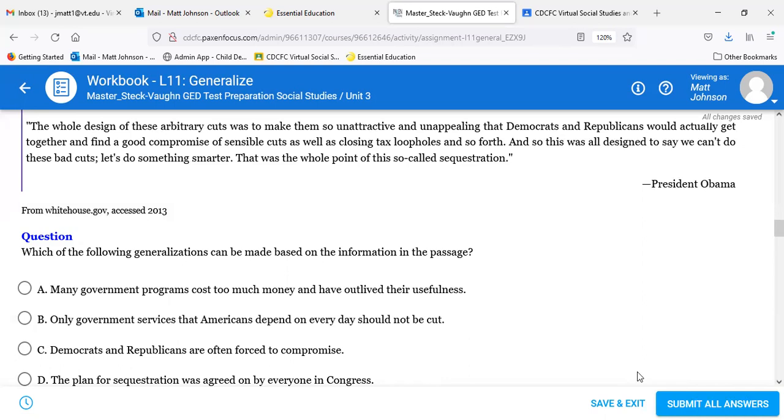B. Only government services that Americans depend on every day should not be cut. C. Democrats and Republicans are often forced to compromise. D. The plan for sequestration was agreed on by everyone in Congress.